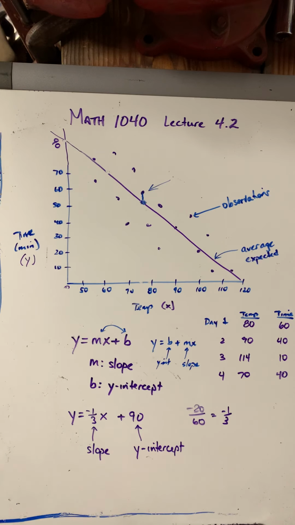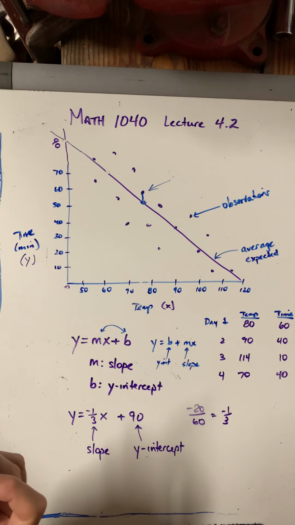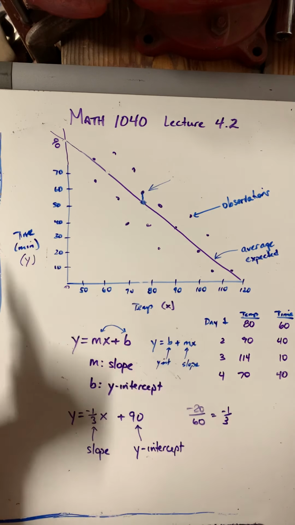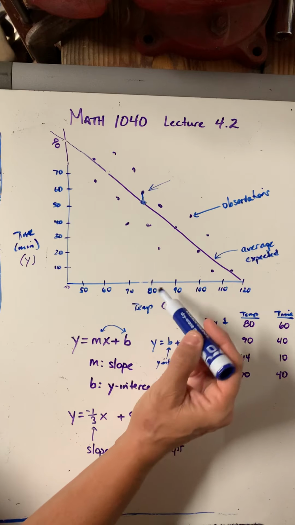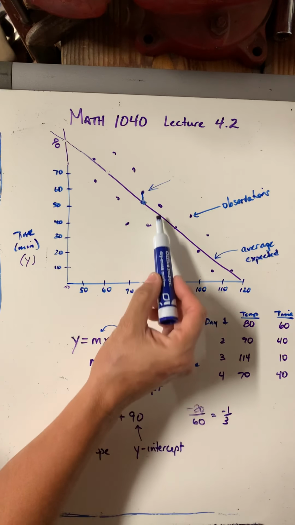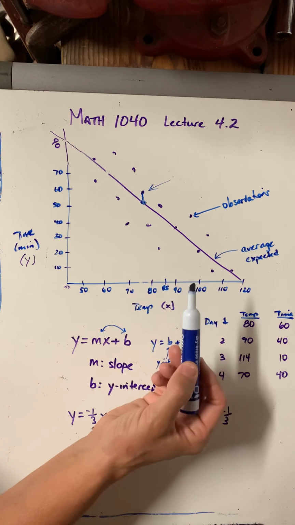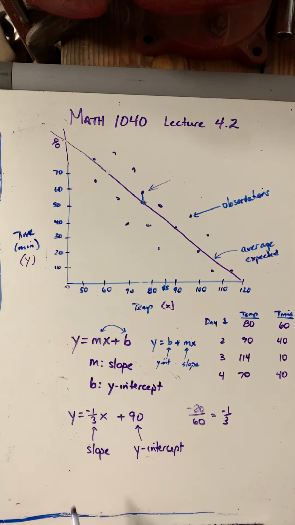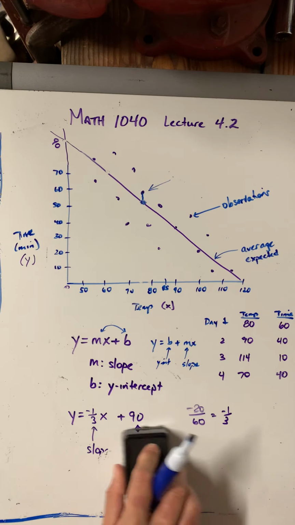Then it's going to say, all right, I want you to use the equation of the line to tell me what happens at, let's say, 85 degrees. If I wanted to know how long my dog would walk at 85 degrees on average, and I didn't actually have an observation, then I would plug it into my equation of my line.